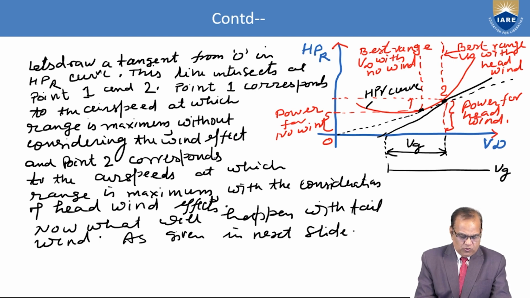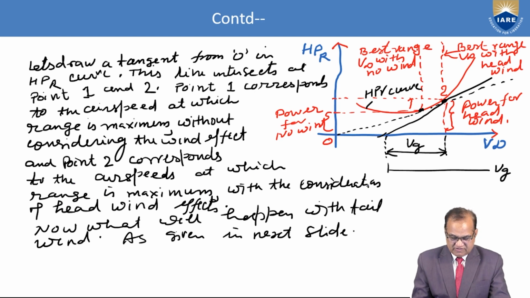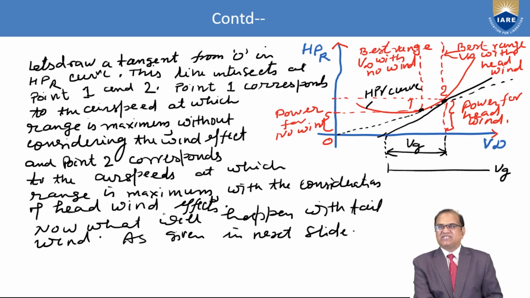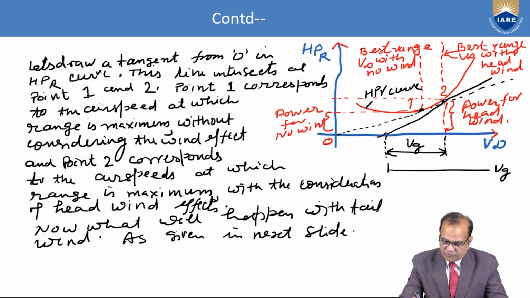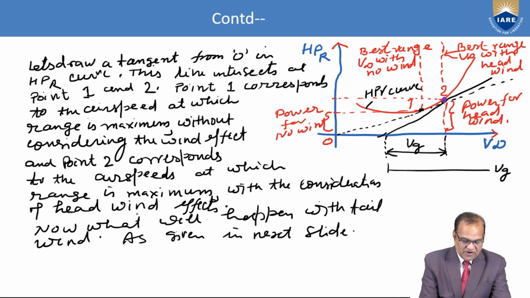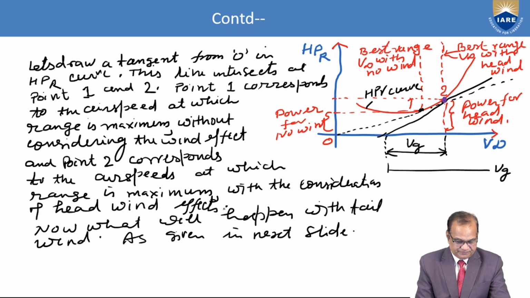And point 2 corresponds to the airspeed at which range is maximum with the consideration of the headwind. So if the headwind is there, this is the point 2, with the consideration of headwind effect.